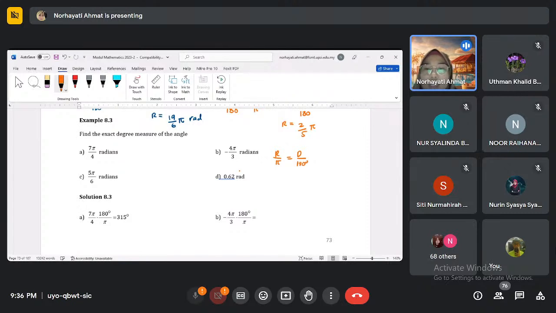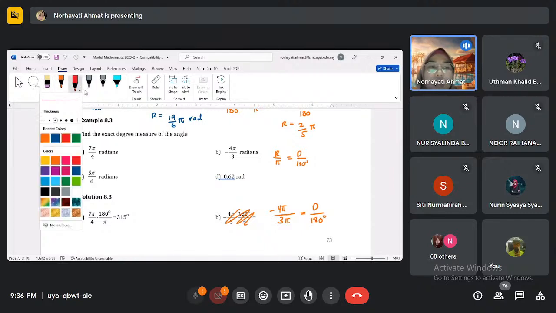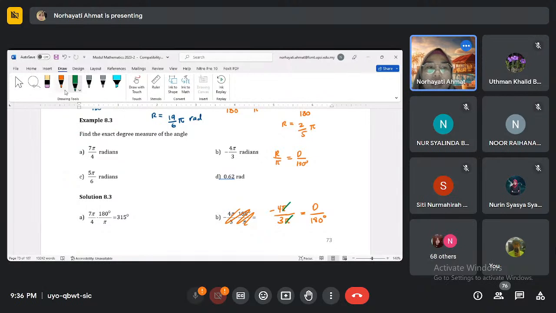So kita ada negative 4 pi over 3 divide by pi, equals to degree over 180. Yang ini kita dah buang, kita dah cross out pi. Therefore, angle in degree is equal to 180 degree times negative 4, divide by 3.